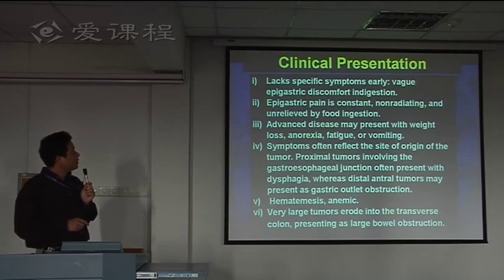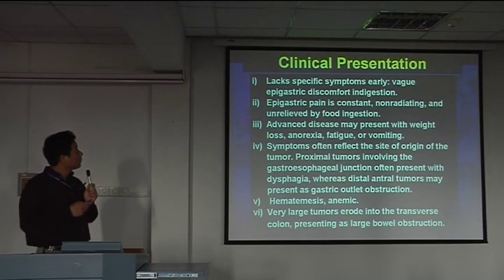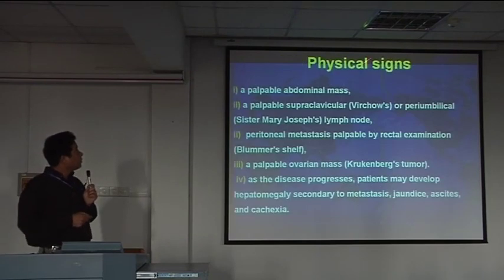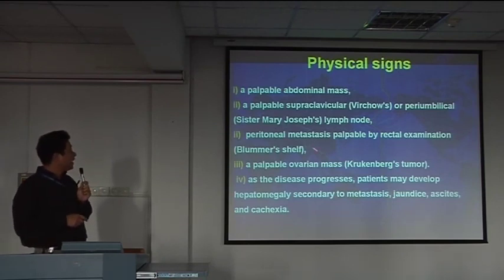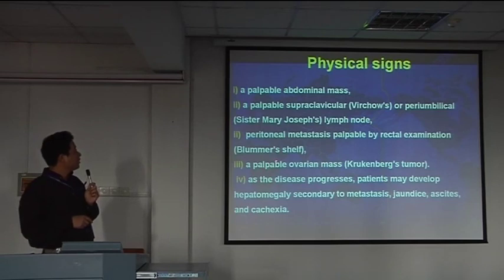In the advanced disease, the patient will have vomiting, weight loss, anemia, and so on. Physical signs: in the early stages, there are no physical signs. Just in the later stage, we can palpate a mass and so on. Virchow's lymph nodes can be palpated.